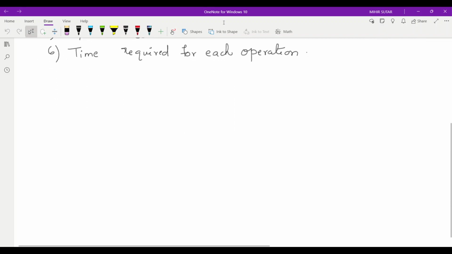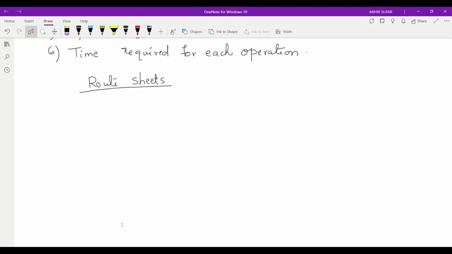Route sheets. Because whatever we have discussed, I made you understand. But officially the plant people use route sheets. So what are these route sheets?